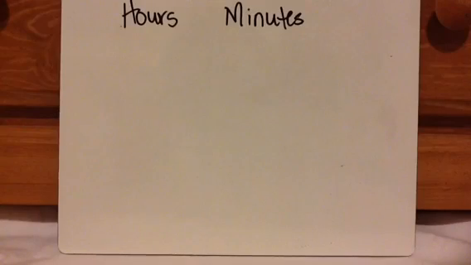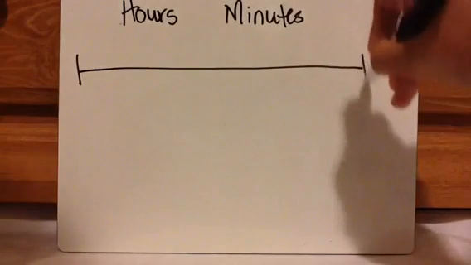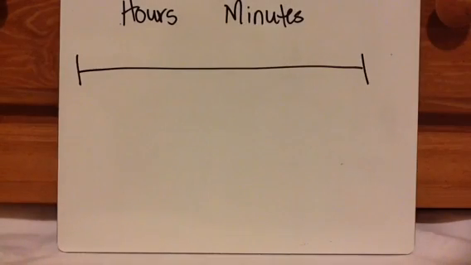I'm going to be going straight into elapsed time. So for hours on a clock, we're going to just pretend like we took the clock and stretched it wide open, and it's now a number line. A clock technically is a number line, but it's just a round number line, so we're going to just take that number line and make it flat.